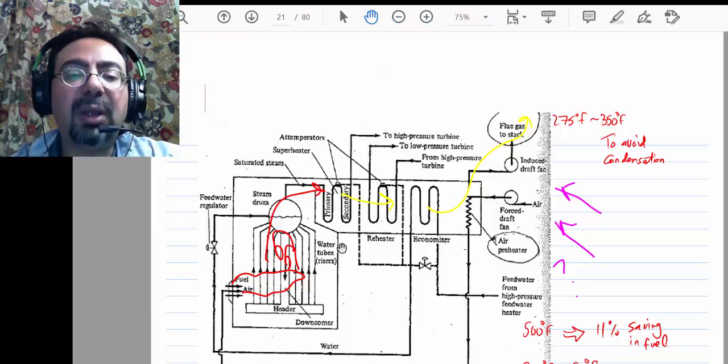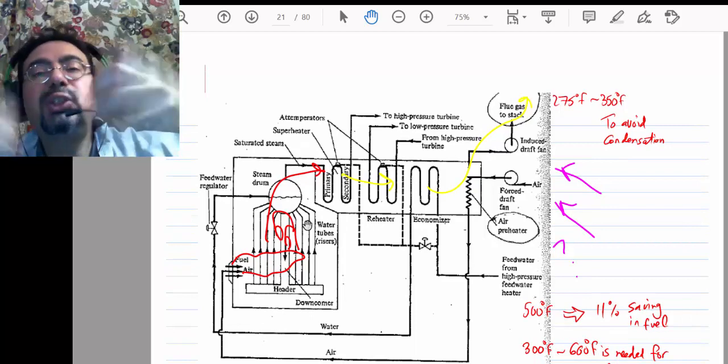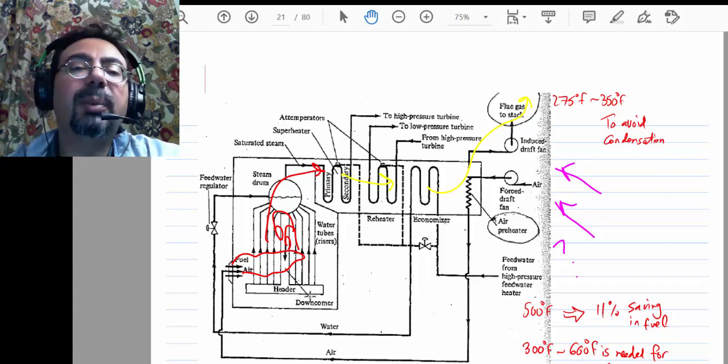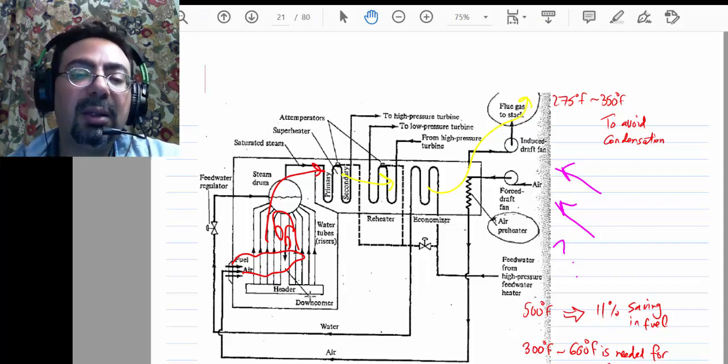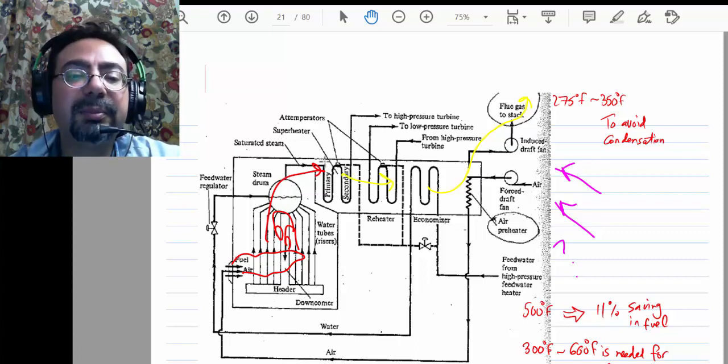So it's hanging from the top, and what is that furnace? It's a bunch of pipes. All those pipes are surrounding the flame. That's where the water basically boils, from liquid to vapor. There is a drum on the top, and that makes the steam, and the steam goes into the superheater.